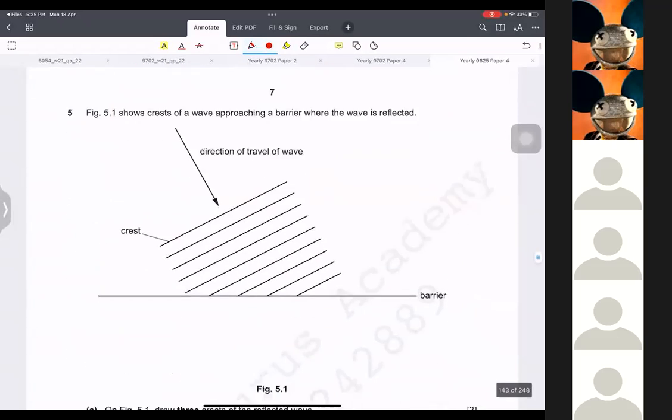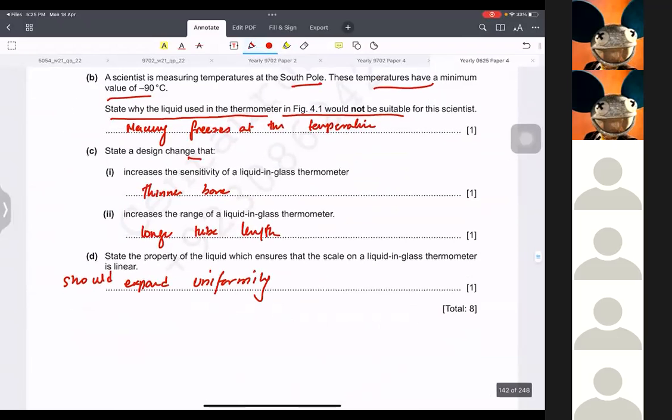Sir, could you increase the size of the bulb to make it more sensitive? No. If you increase the size of the bulb, it would not get more sensitive. Because the heat will reach slowly.